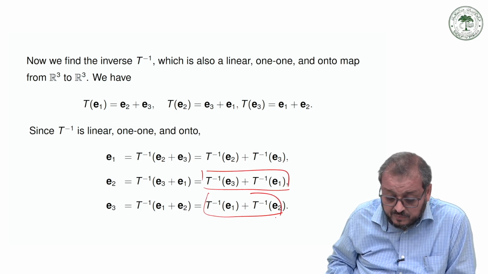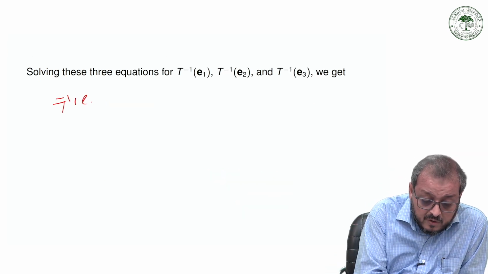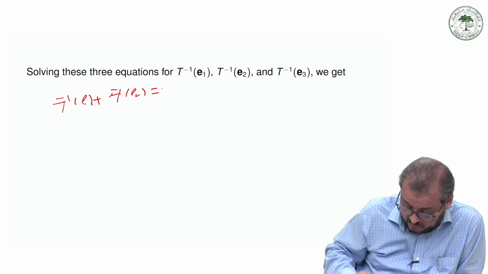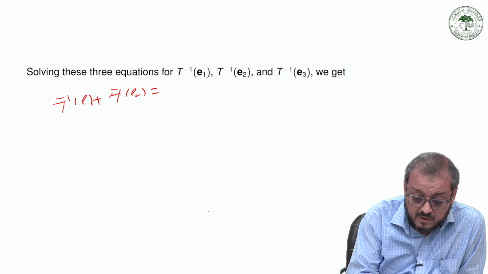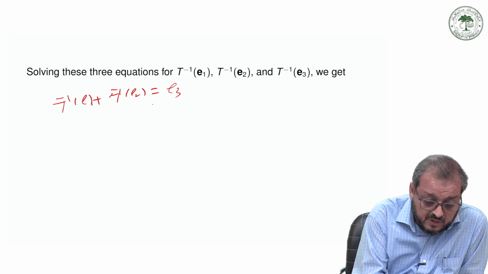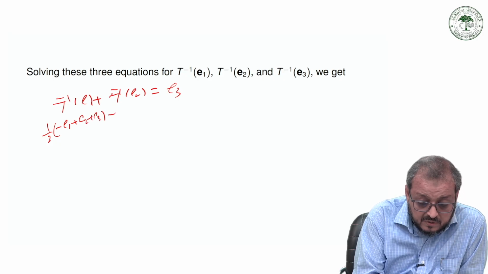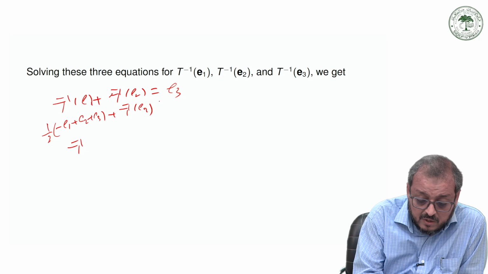T inverse E1 plus T inverse E2 is equal to E3, and now for T inverse E1 we just say 1 by 2 of (minus E1 plus E2 plus E3), plus T inverse E2. So this is equal to E3.